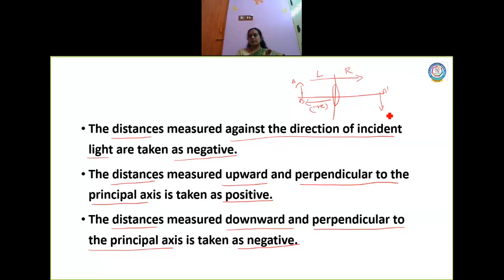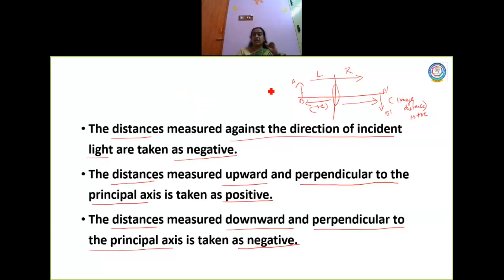Now here it will be A dash, B dash. Now this direction, how do you measure this distance? This distance is measured along the direction of incident light. So will this image distance be positive or negative? Image distance as far as this position is concerned is positive. Clear? Are you able to understand?